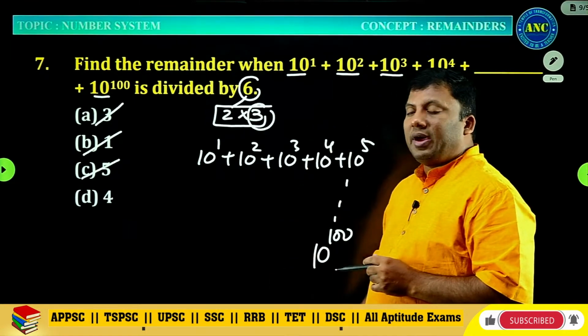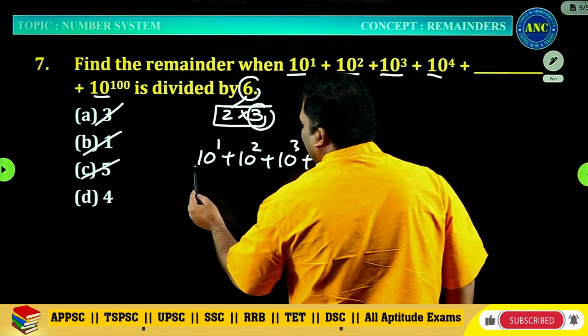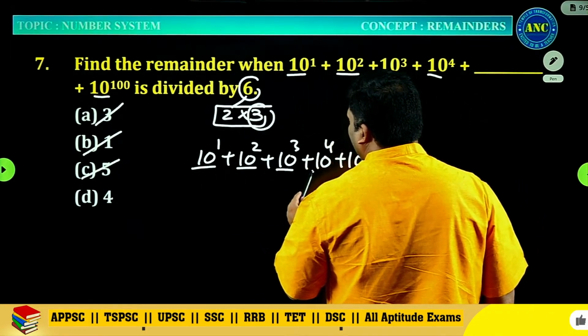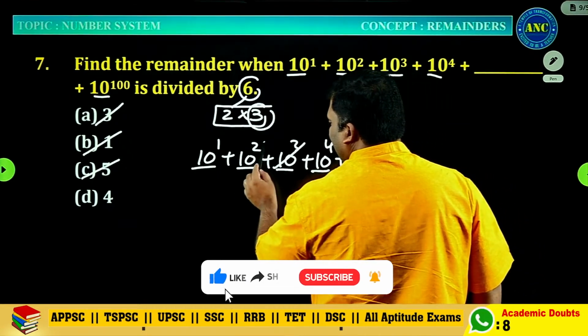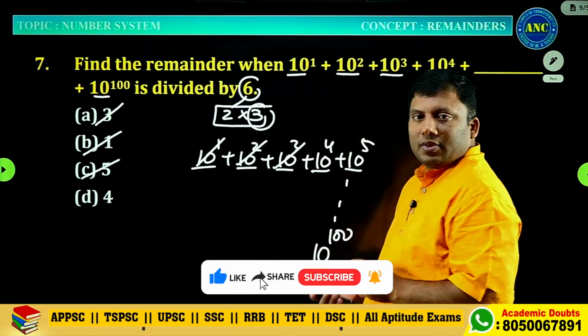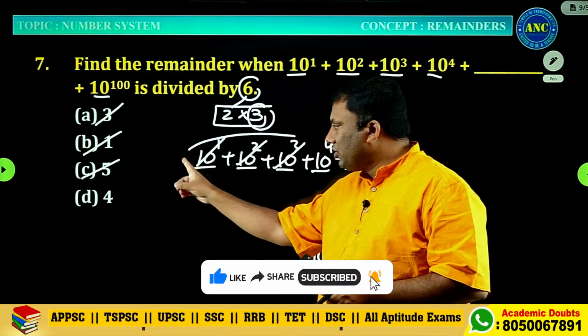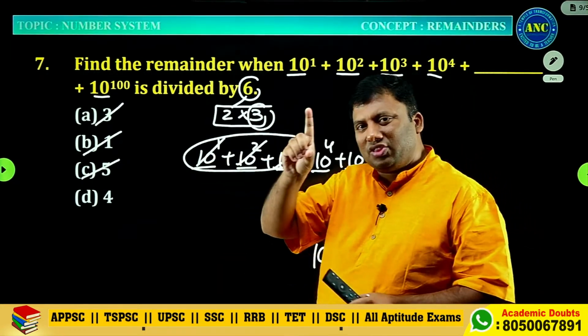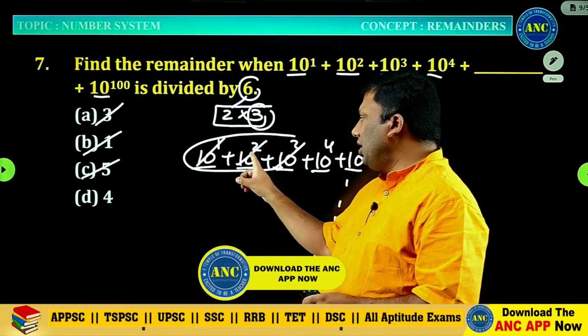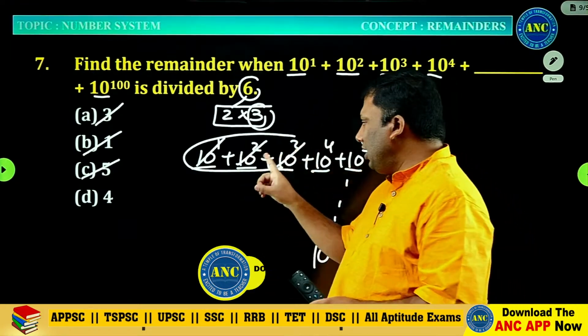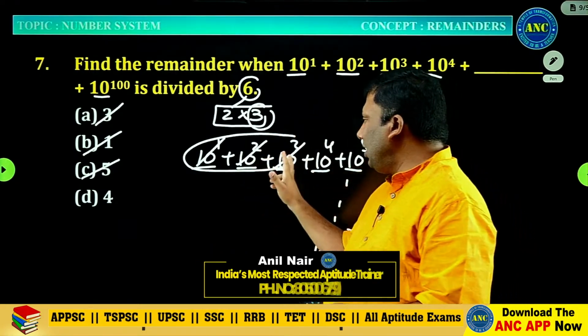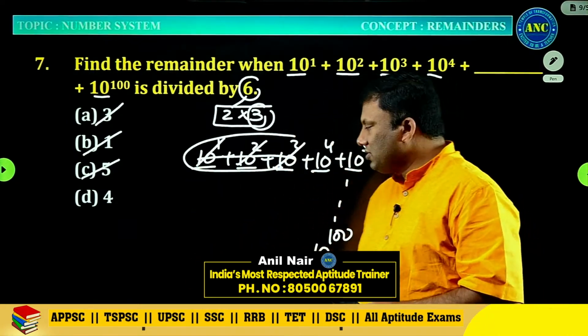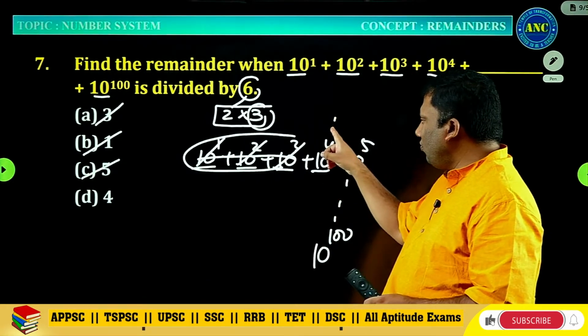If I divide by 3, 3s are 9, remainder 1. Are the first 3 divisible by 3? Yes or no? 10 divided by 3, 3s are 9, remainder 1. It is perfectly divisible.